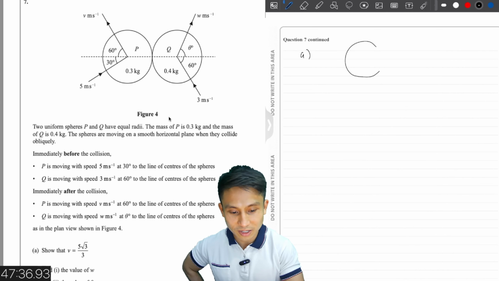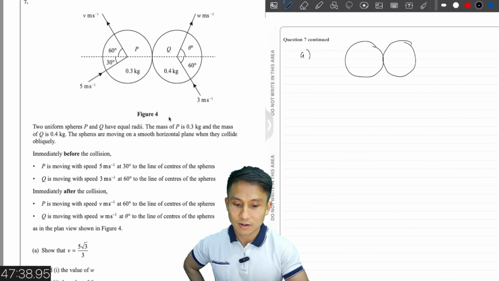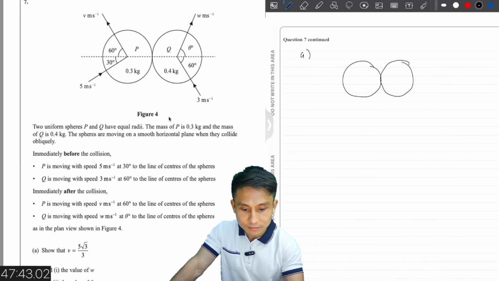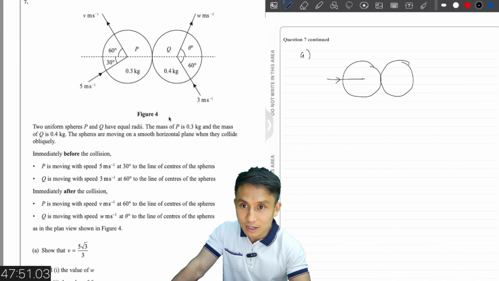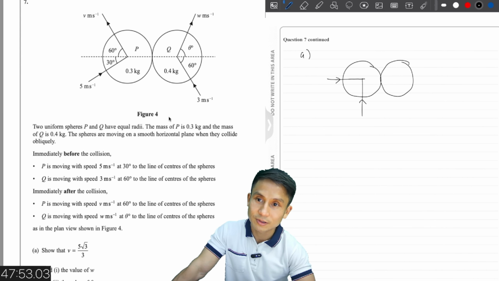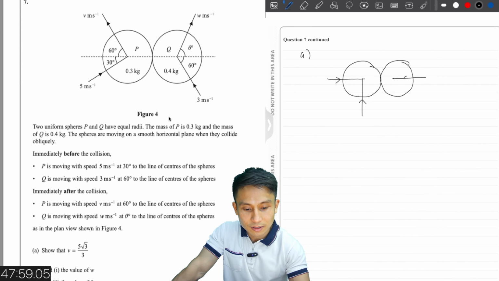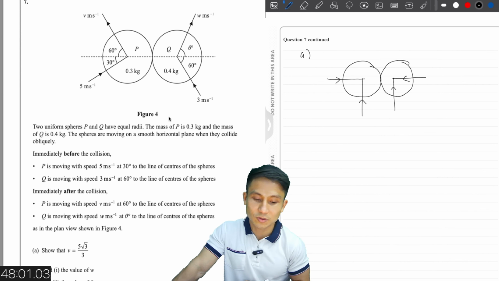I'm just going to draw it again, maybe. Okay. So you have before collision. Just going to do like, how should I do it? Maybe like this, yeah, before collision. And like this, right? Okay. Yeah, and then this and this before collision as well.